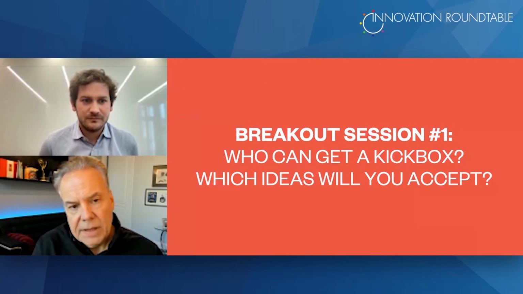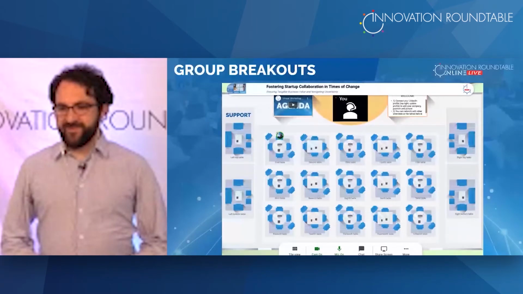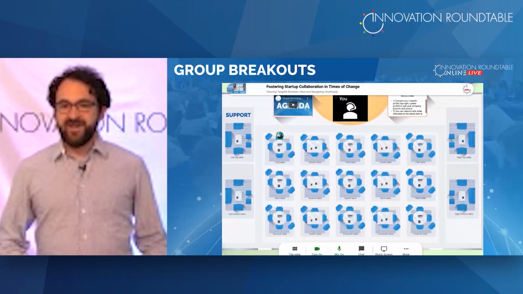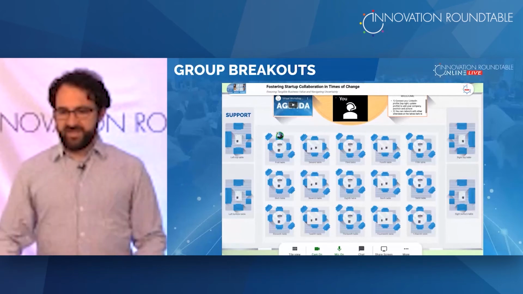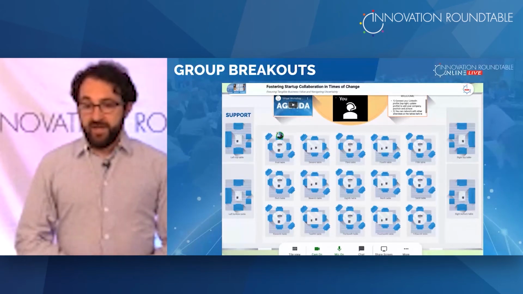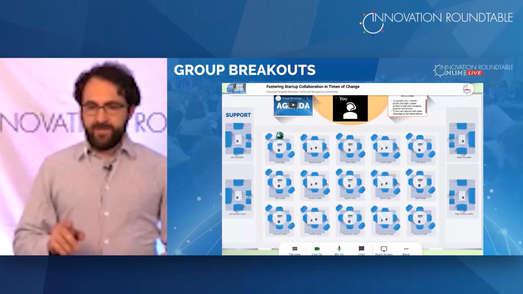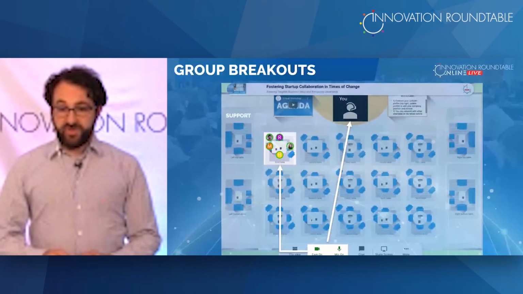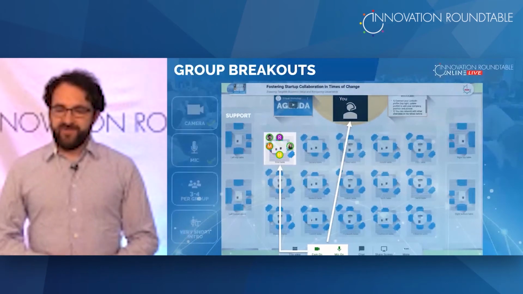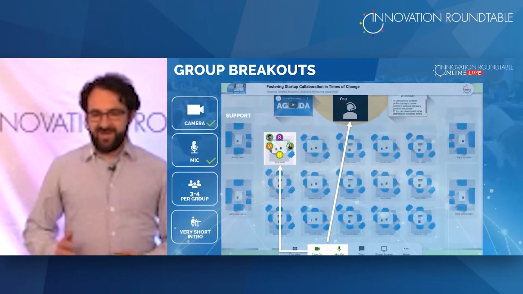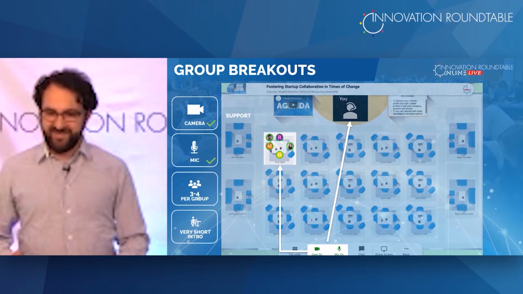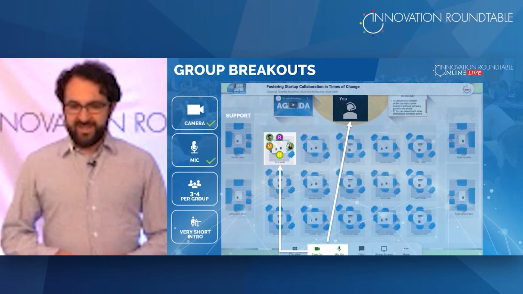I will quickly show you on the slide how it's going to look in a moment. This is what you're going to see. There are several tables, and you can double click a table and you will be able to join. Make sure first that your camera and microphone are on, so the other attendees can see that you are active and ready to start the discussion.